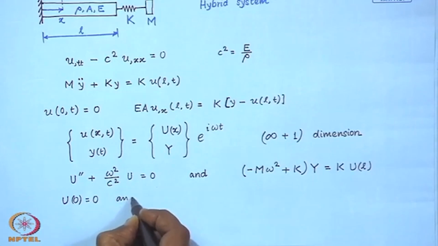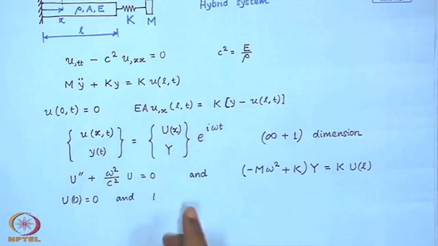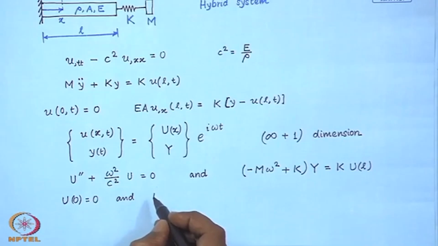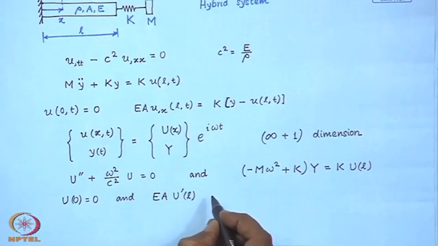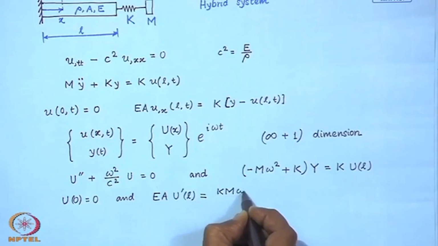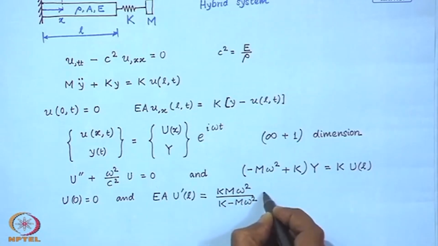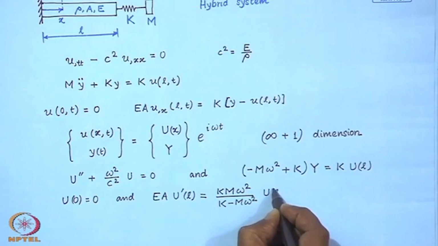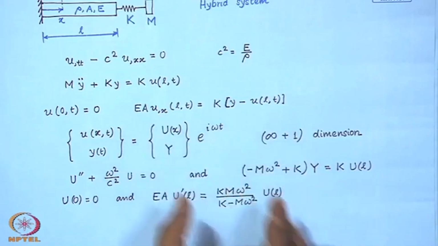And if you substitute this structure here and simplify, we obtain the condition at the right boundary in this form.